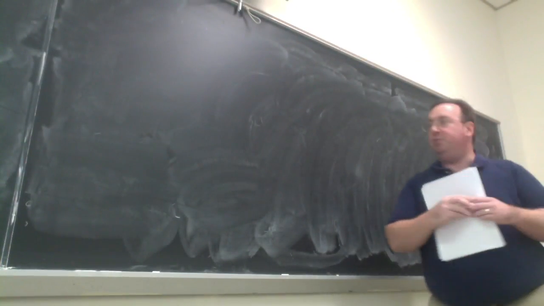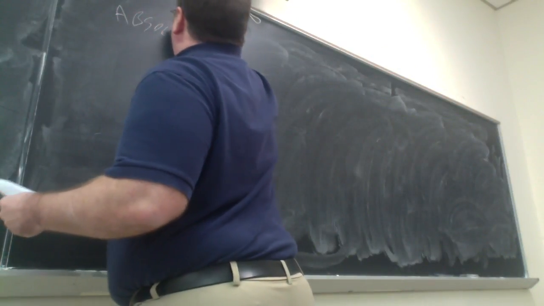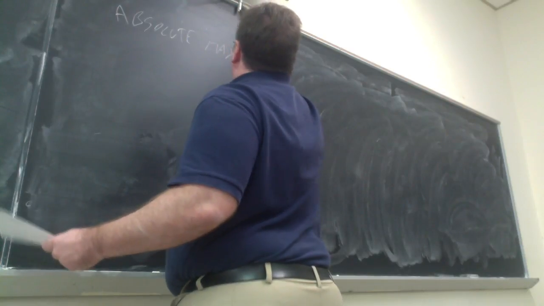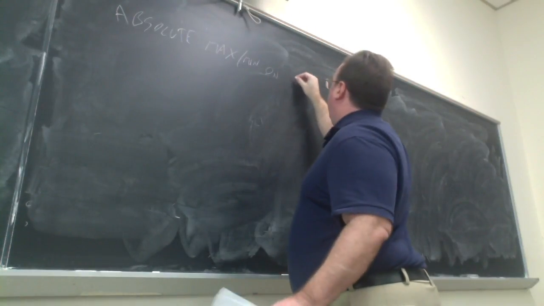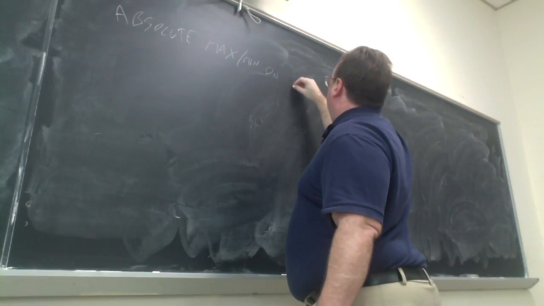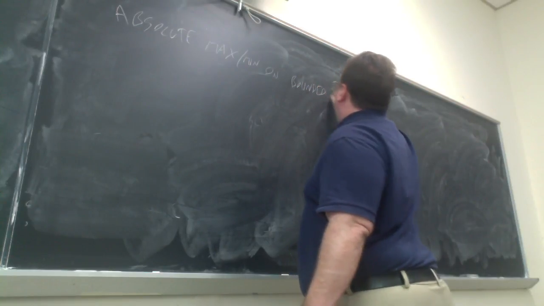Similar situation in multivariables. And I think the best thing to do in this case is also to step through an example. So, finding absolute max and min on some sort of bounded domain.